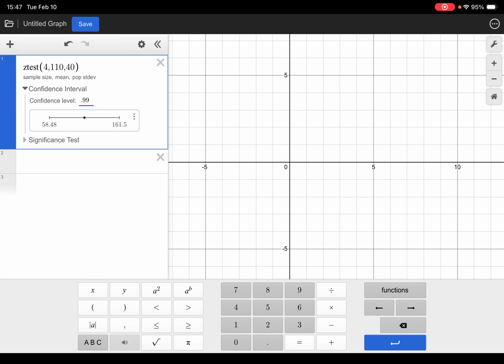So 267.4 and 299. So then I take my answer and I complete my last C, which is my conclusion.